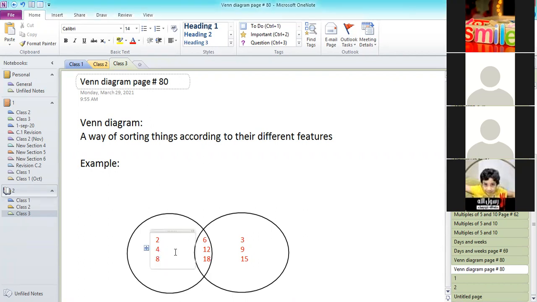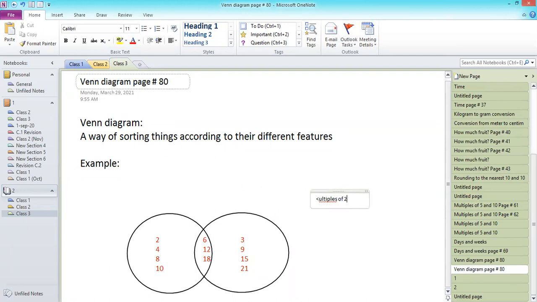If you want, you can write 10 and 12, or 3, 6, 9, 12, 15, 18. And let's write one more, 21. So these are multiples of 2.